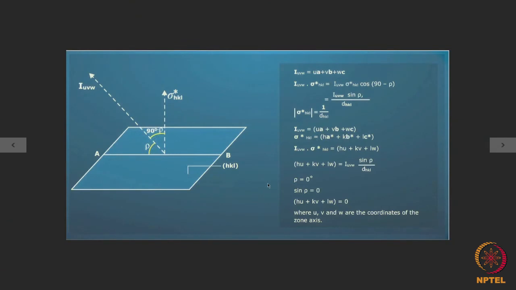We are now going to prove another very important relationship using the reciprocal lattice concept, and this is the concept of a zone of planes and the zone axis.